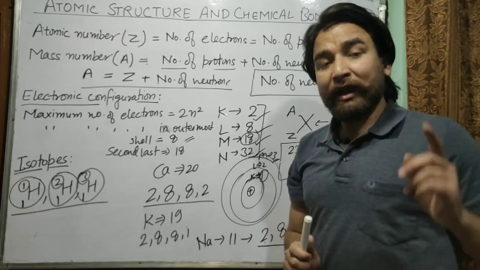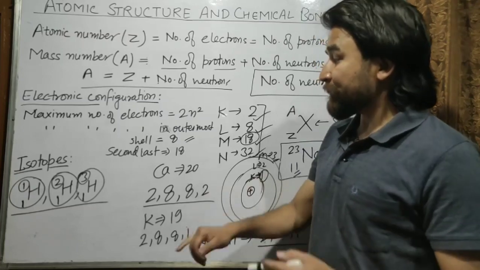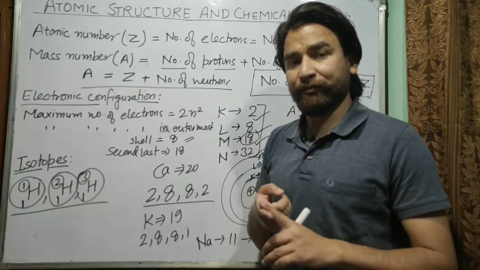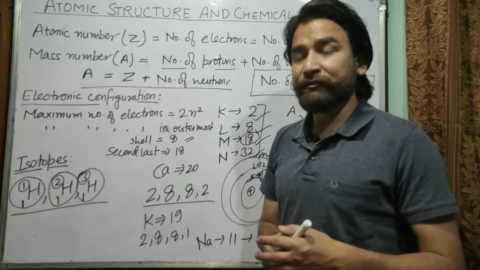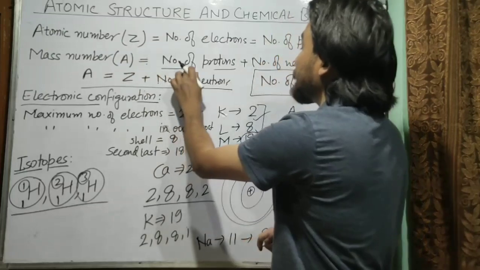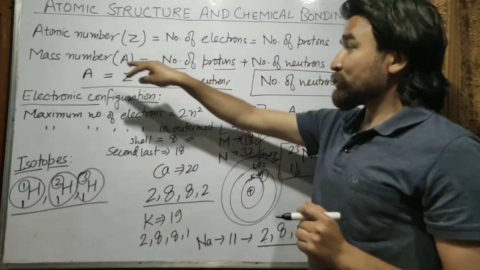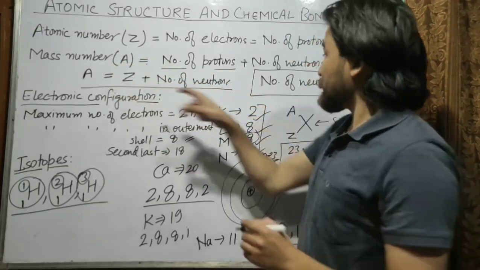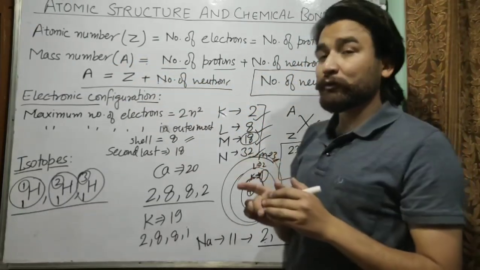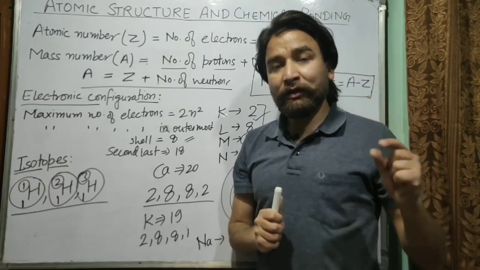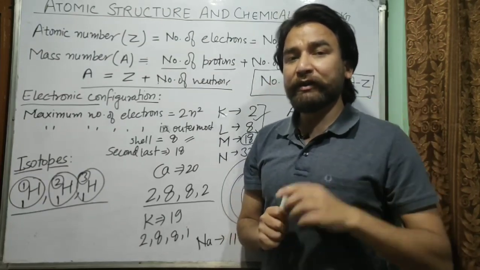So in all the isotopes the number of electrons and protons will be the same. But the mass number is different. Mass number is equal to the number of protons plus the number of neutrons. The number of protons is the same, so the mass number will be different because of the different number of neutrons.